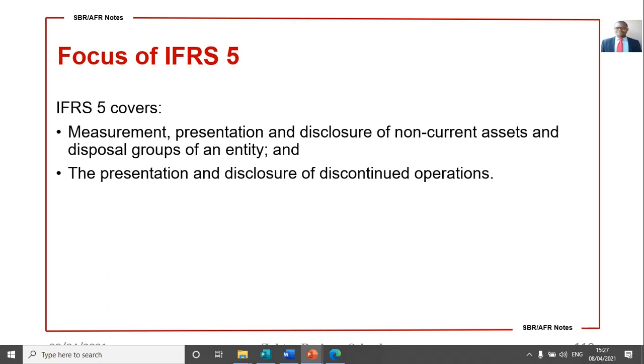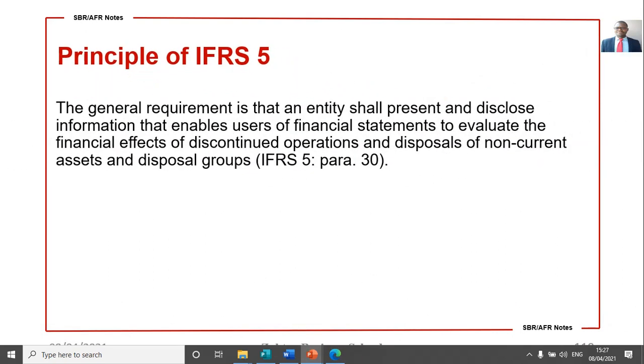IFRS 5 covers the following: measurement, presentation, and disclosure of non-current assets and disposal groups of an entity, as well as the presentation and disclosure of discontinued operations. What is the principle of IFRS 5?